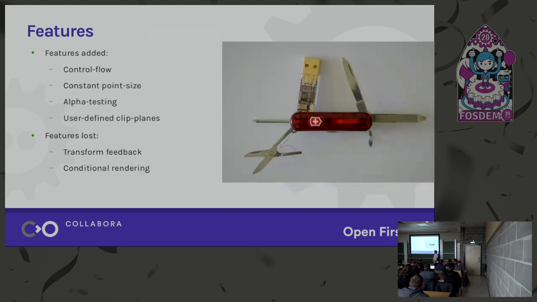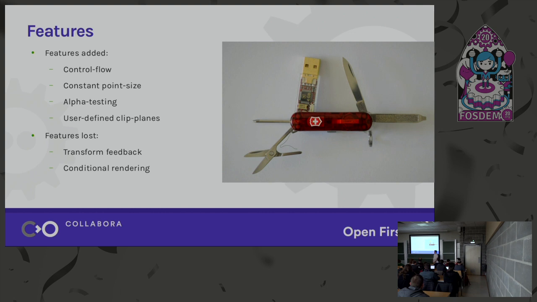Yeah. So since last year, we've added some features that are quite nice. We now properly support control flow in the shaders, so you can do all of your ifs and switches and loops and stuff like that. We properly forward point sizes if they're not written from the vertex shader.